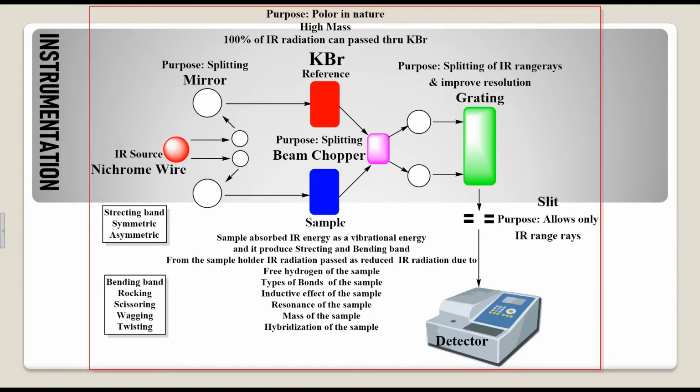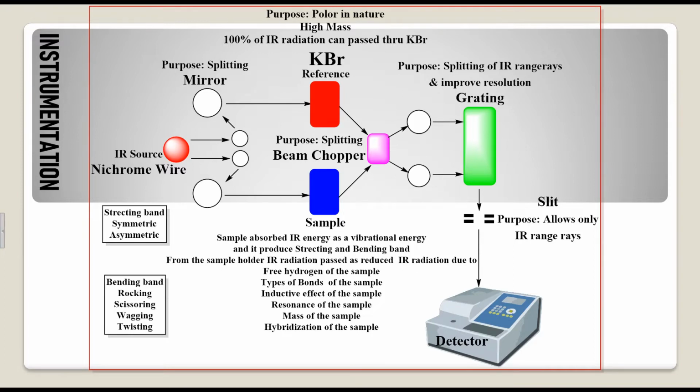Now we'll see the working principle. Nichrome wire will generate IR radiation. When this IR radiation reaches a mirror, the mirror splits the IR radiation. That split IR radiation goes into the reference cell as well as the sample cell. In the reference cell, KBr, potassium bromide, is kept as a reference.